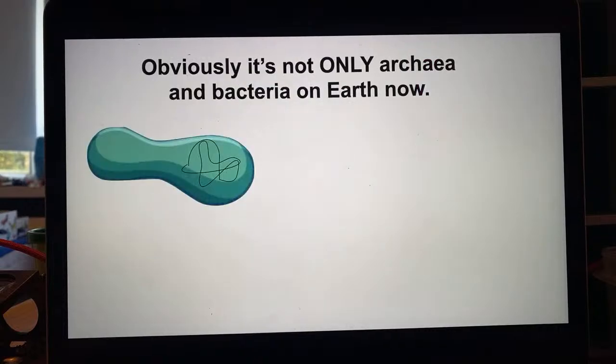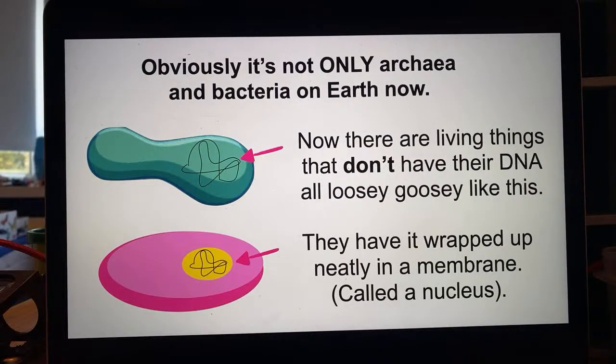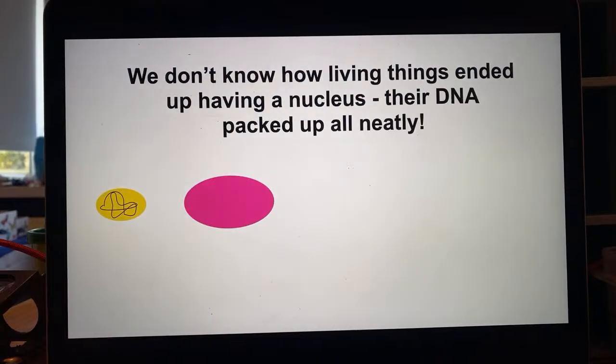Obviously, there's not just single-celled living things on Earth now. Not everything has the DNA all loosey-goosey like that. We've got these cells that have their DNA wrapped up very neatly in a membrane called a nucleus. I left this slide in because I just love this.